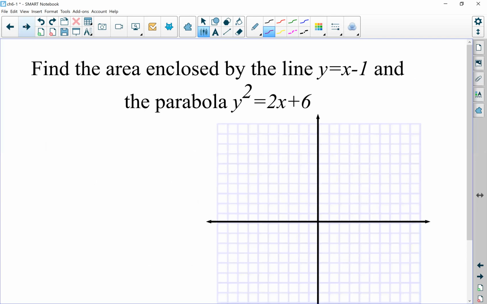All right, so find the area enclosed by the line y equals x plus 1 and the parabola y squared equals 2x plus 6.